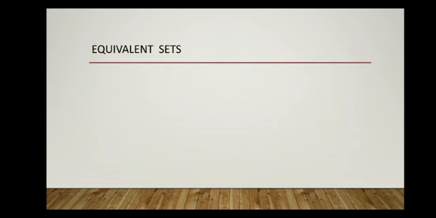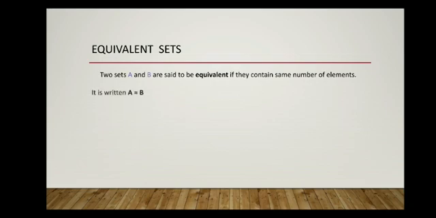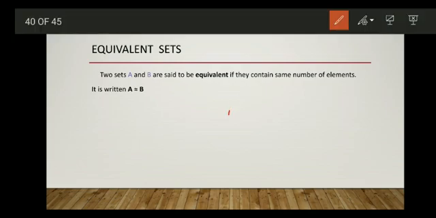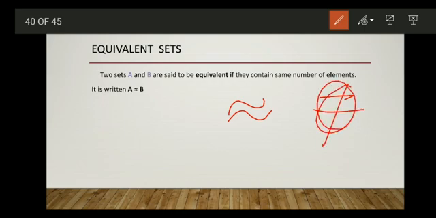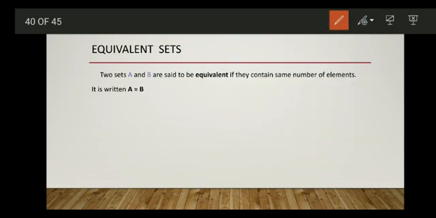Equivalent sets: two sets A and B are said to be equivalent if they contain the same number of elements. We write it as A ~ B. We use this symbol to denote equivalent, not the equals sign.